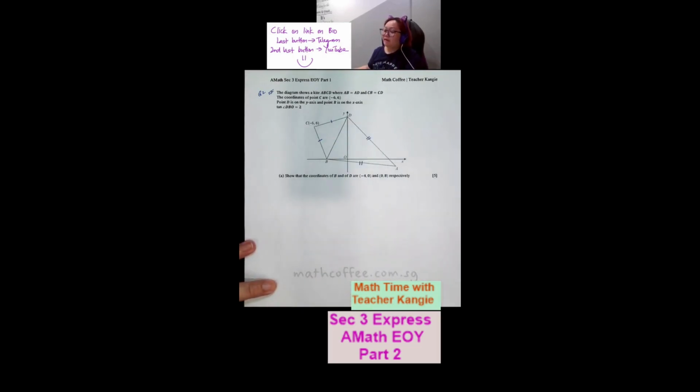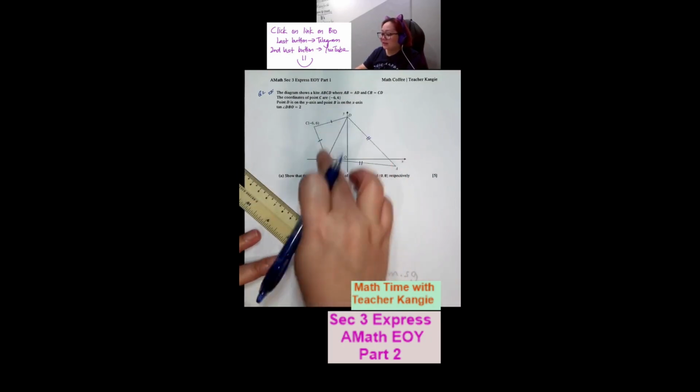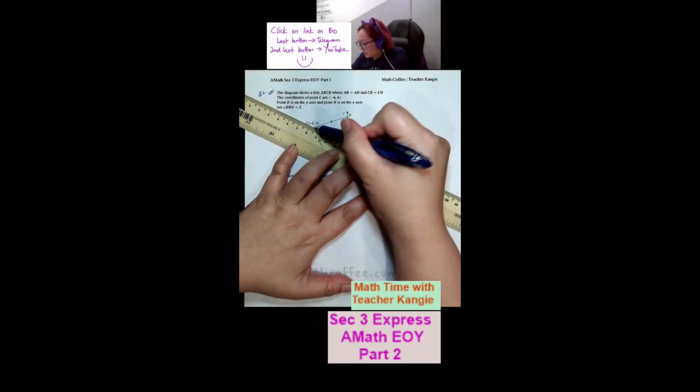The next very important property is that the diagonals are perpendicular to each other. So you just draw a line from here to here, and you have 90 degrees. These are the important properties of a kite.